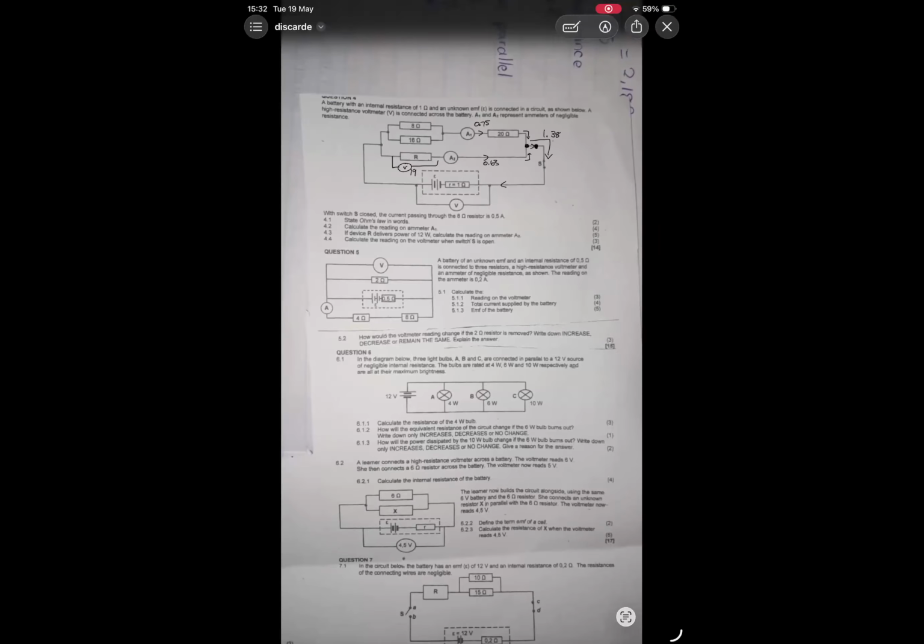Please calculate the V lost. Because you have 1.38 here, and you have the current that passes through the 1 ohm resistor.